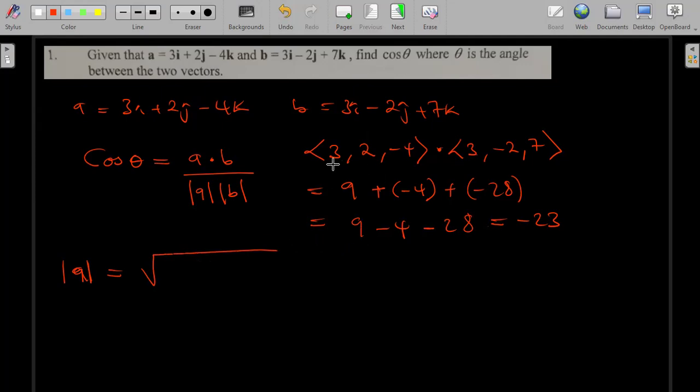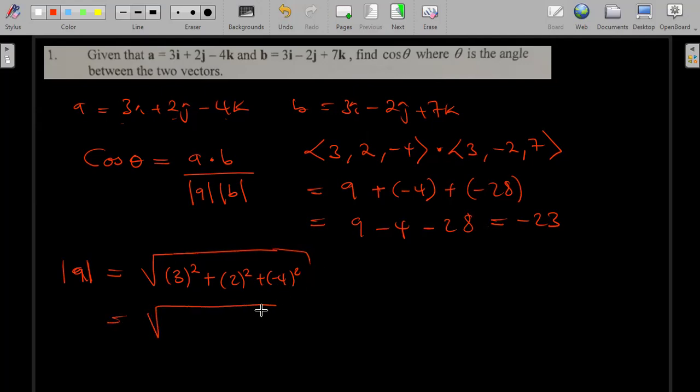For A, there's 3, there's 2, and there's -4, so I square 3, add the square of 2, then add the square of -4.